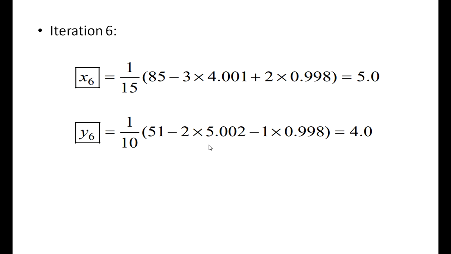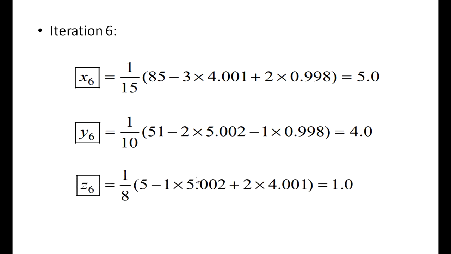All these values we have to take from the previous iteration, which is equivalent to 4. z6 is 1 upon 8 in bracket 5 minus 1 into 5.002 plus 2 into 4.001, which is equivalent to 1.